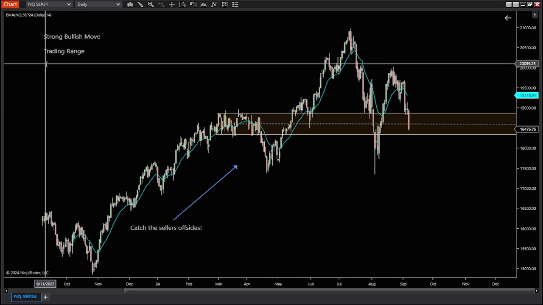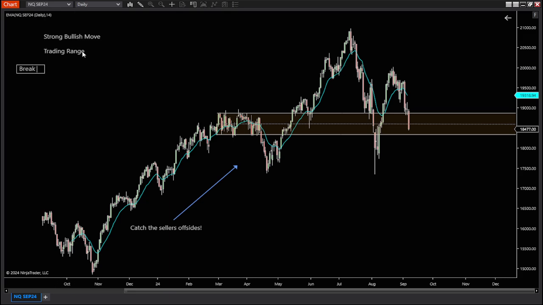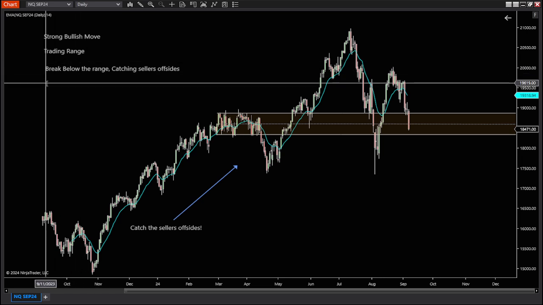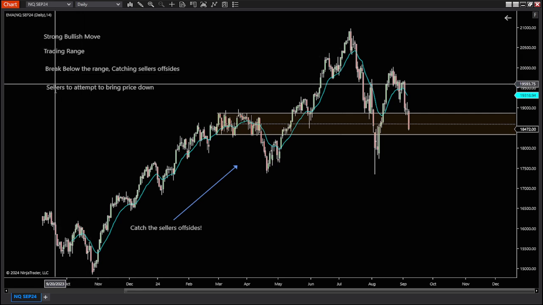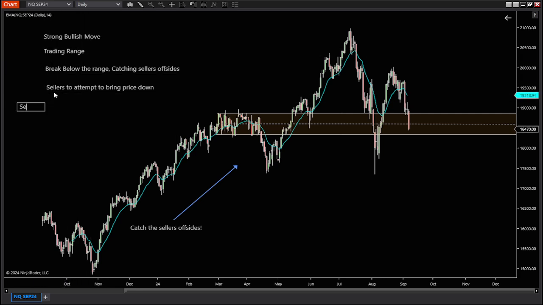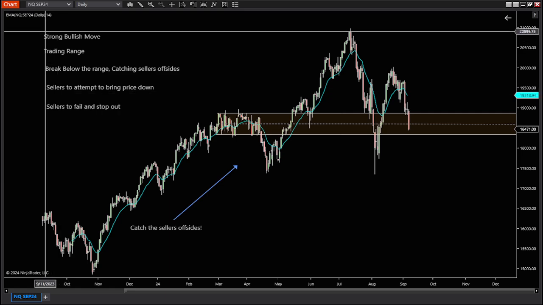And then we're going to look for a break below the range, catching sellers offsides. And then we're looking for sellers to attempt to bring price down. Then we're looking for those sellers to fail and stop out. That's what we're looking for.